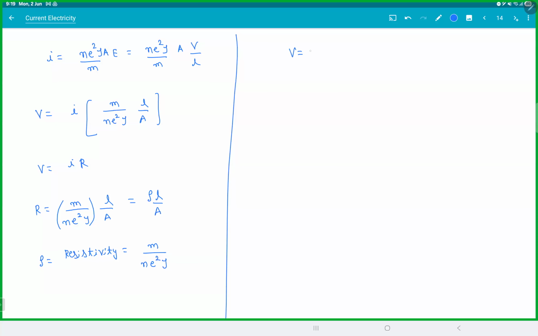So V is equal to IR, R is equal to rho L by area. What is L? L is the length along the, again remember, you can't take any length that you want. L is the length along the current flow. A is the area perpendicular to the current.